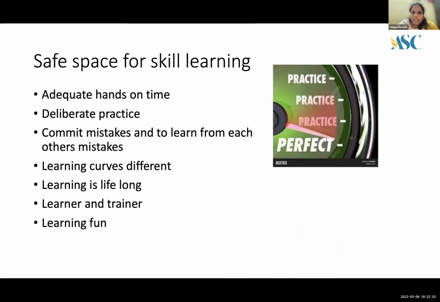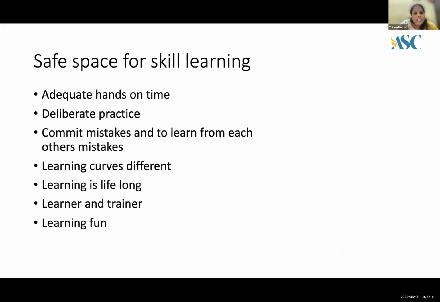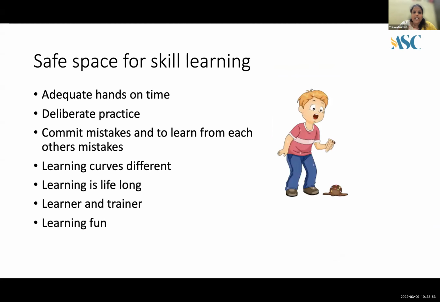When we are going to teach the skills, there are certain ways in which we can create a safe space. Most importantly, if we give them adequate hands-on time and allow them to do deliberate practice multiple times, that itself creates a lot of safe space for learning. And we have to keep telling them explicitly that it is okay to commit mistakes and to learn from each other's mistakes, so that they don't feel shy when they commit mistakes.